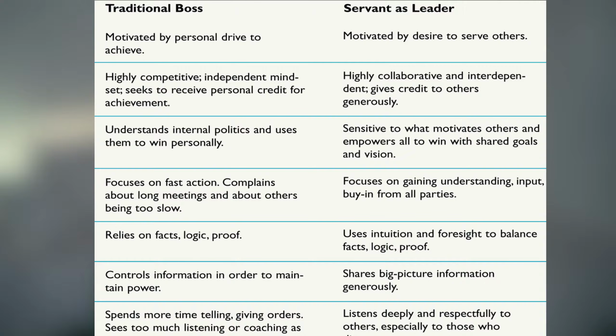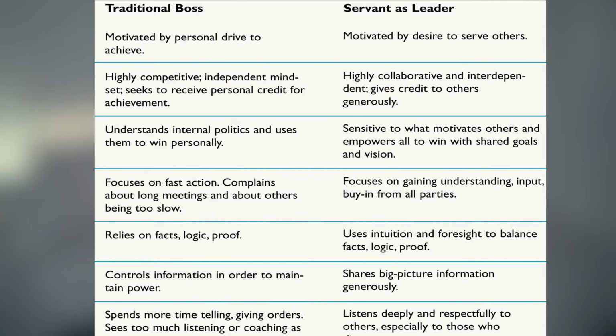The traditional boss, motivated by personal drive to achieve, whereas the servant leader, motivated by desire to serve others. We talked about that, to empower the team. The boss, highly competitive, independent mindset, seeks to receive personal credit for achievement, whereas the servant leader, highly collaborative and interdependent, gives credit to others.